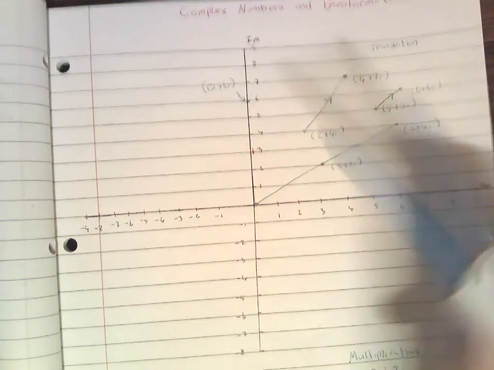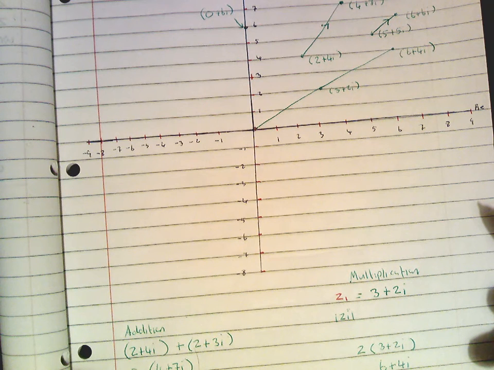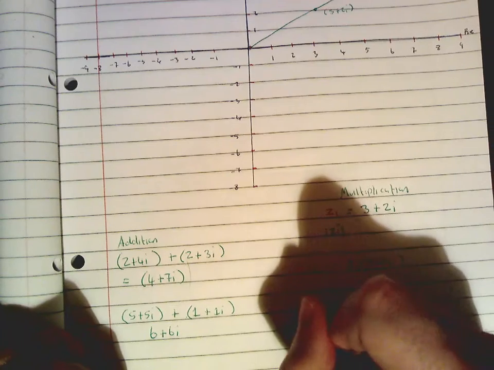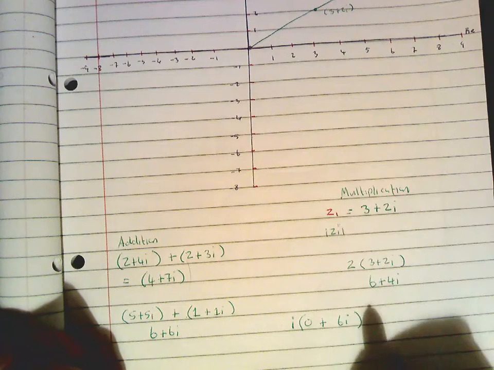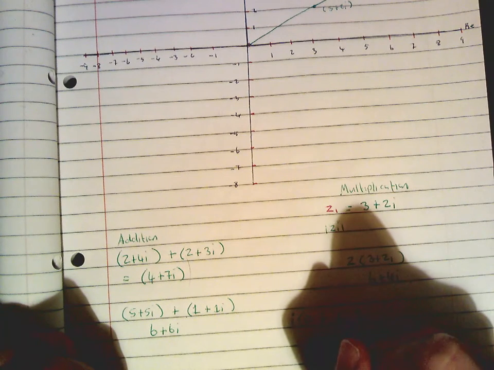Now, what happens to this complex number? Let's say I was to multiply this complex number by i. So if I take this complex number and multiply it by i, i by 0 just gives me 0.